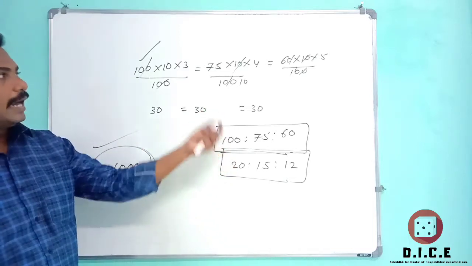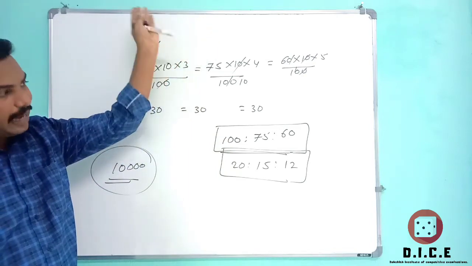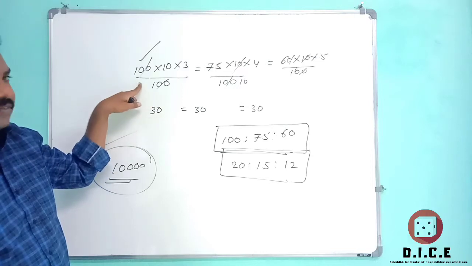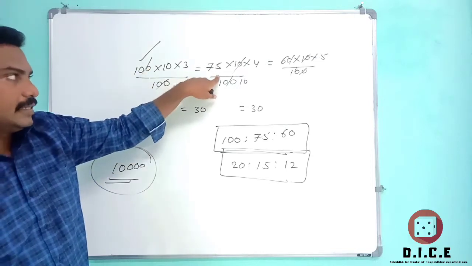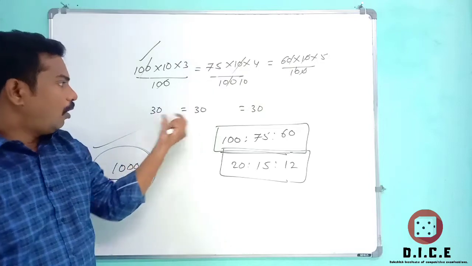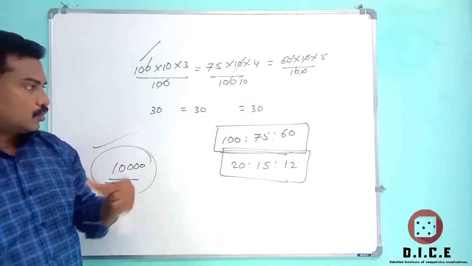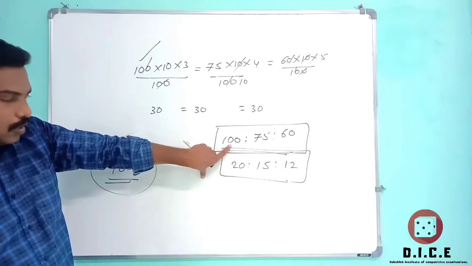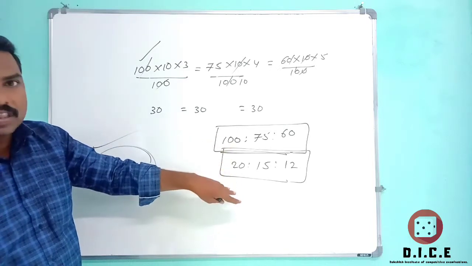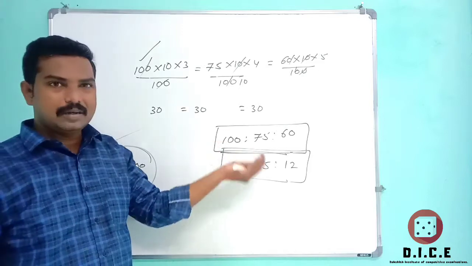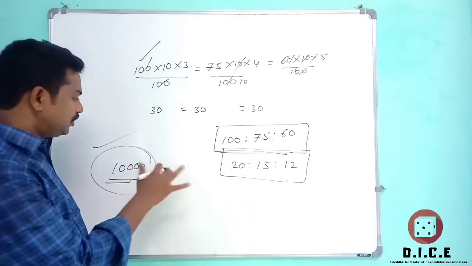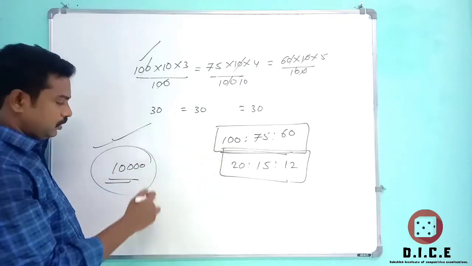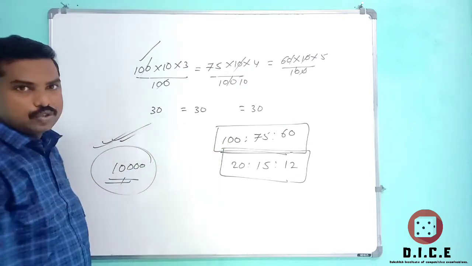So instead of dividing 23,500 again by the detailed process, we simply take 100 rupees in the first case, 75 rupees in the second case, 60 rupees in the third case, where all the simple interests are the same. Instead of dividing 23,500 in the ratios, which takes a lot of time, look for the option with zeros, because 100 ends with zeros. So the answer is 10,000.